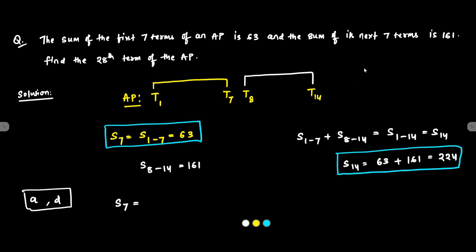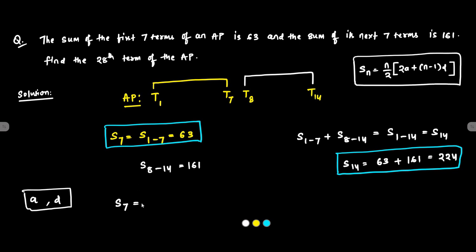Now the sum of the n terms formula, if you remember, is n by 2 into 2a plus n minus 1 into d. So if we use this formula, S7 is equal to 7 by 2 into 2a plus 7 minus 1, which is 6d, equal to 63.